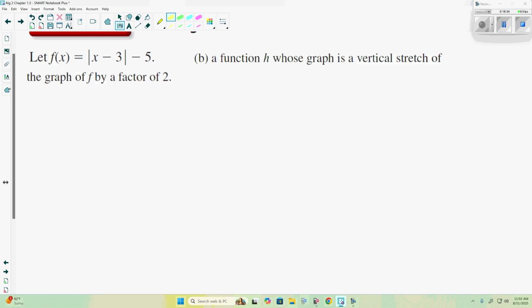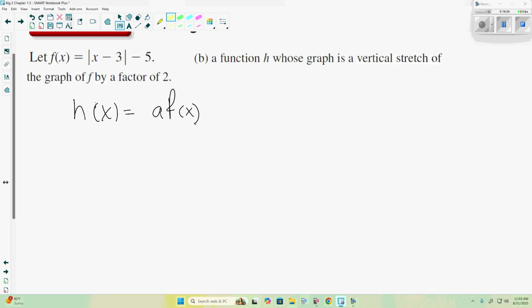So let's look at this first one here. Let f of x equal the absolute value of x minus 3 minus 5. A function h whose graph is a vertical stretch of the graph by a factor of 2. Vertical stretch and shrink. A times f of x is the general form, where a is the amount that we're stretching or shrinking the function by.